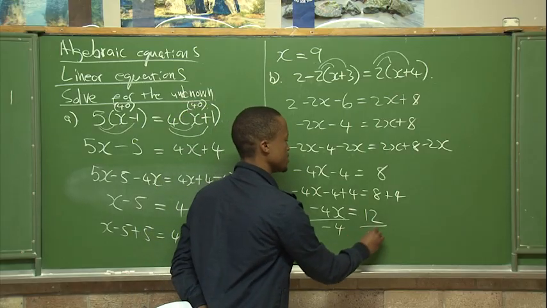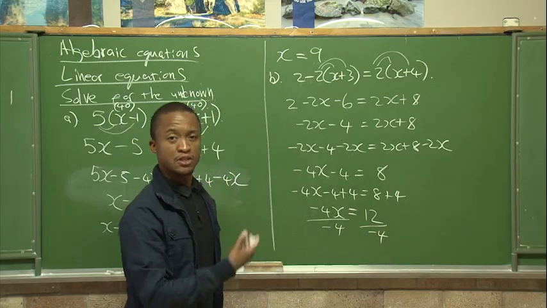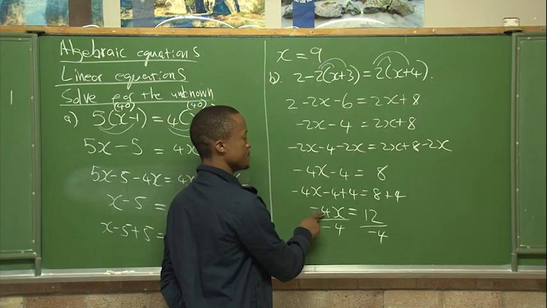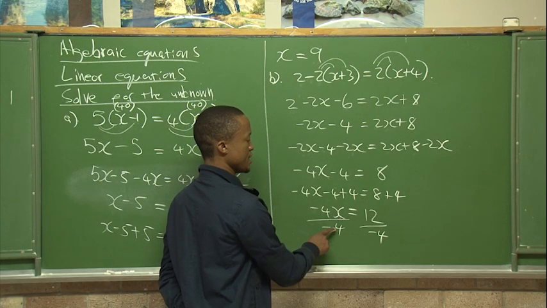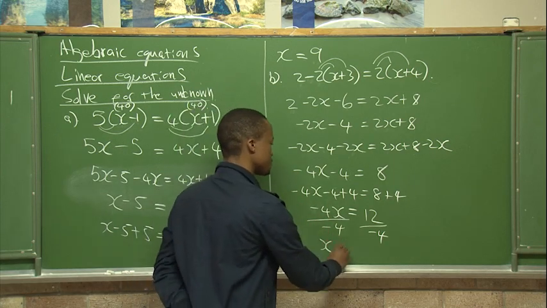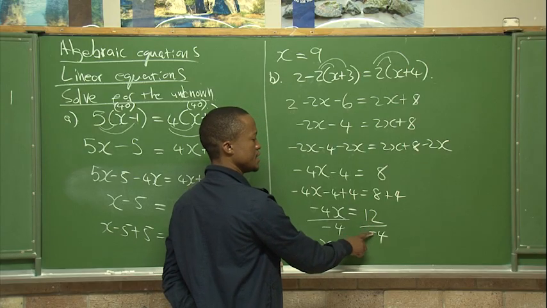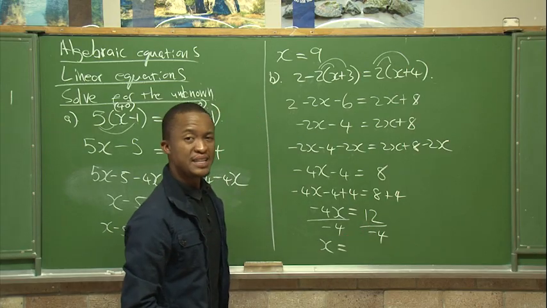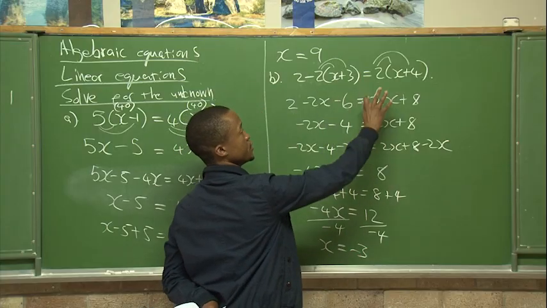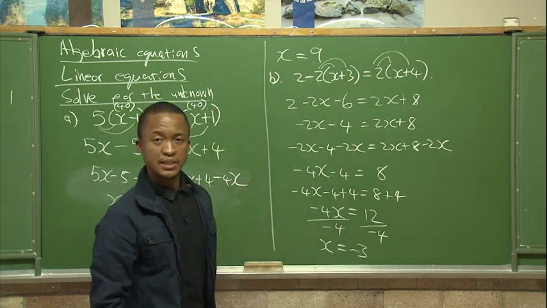So we divide both sides by negative 4, which is the same as multiplying by negative a quarter on both sides of the equation. And negative 4x divided by negative 4 will be left with positive 1x. And positive 12 divided by negative 4 will be negative 3. So in order for the equation to be true, it means the value of x must be negative 3.